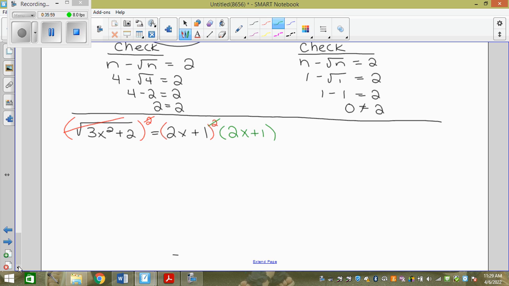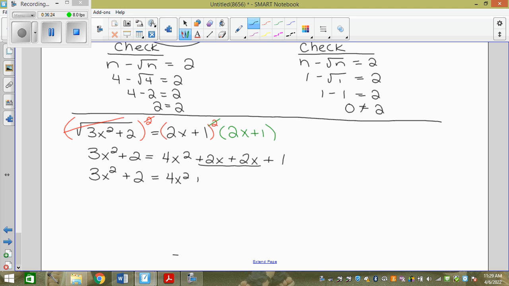So I'm going to get 3x squared plus 2, and then I have to FOIL. 2x times 2x is 4x squared. 2x times 1 is 2x. 1 times 2x is 2x. 1 times 1 is 1. So I get 3x squared plus 2 equals 4x squared plus 4x plus 1.